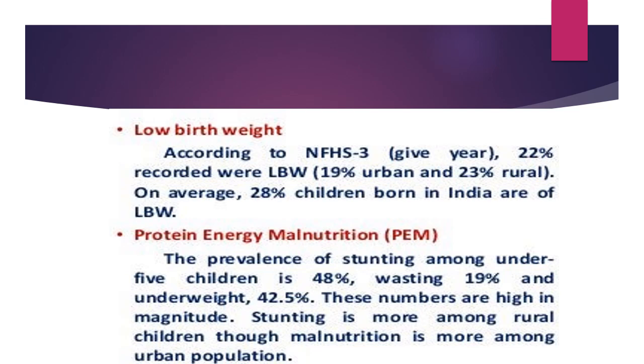So on average, 28% of children born in India are low birth weight babies. Then comes protein energy malnutrition. The prevalence of stunting among under-5 children is 48 percent. Under-5 children have protein energy malnutrition, and apart from that, 42.5 percent of children are underweight.